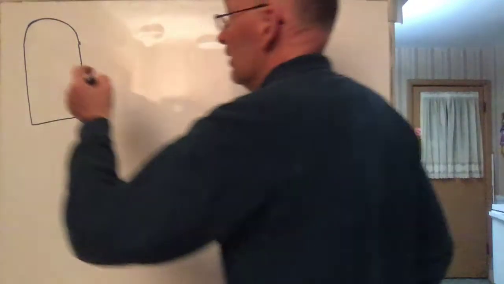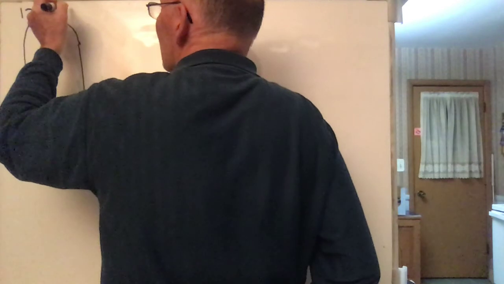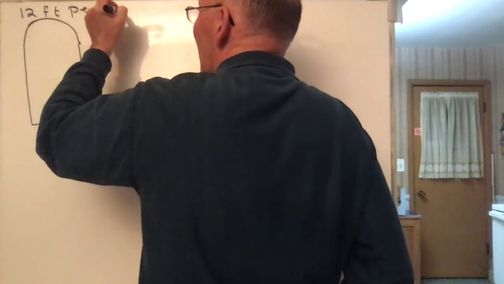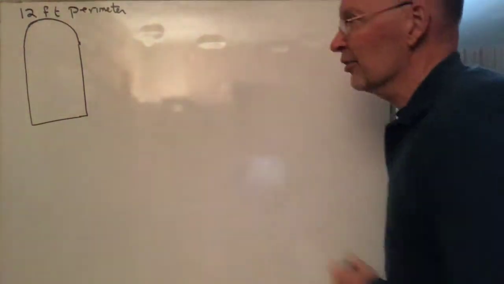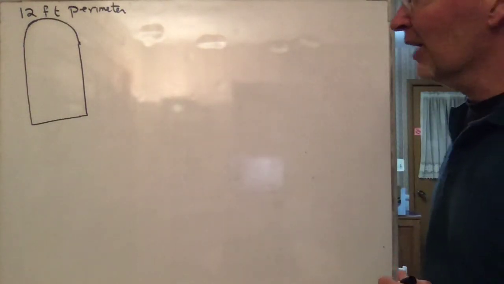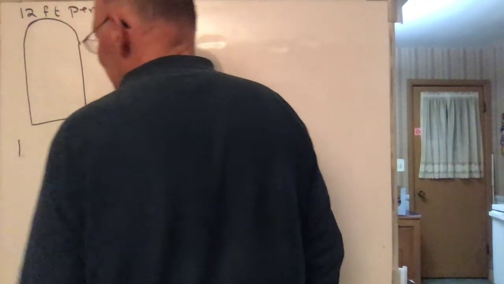So they're constrained by a 12-foot perimeter, but they want to have maximum area. Let's see if we can do it. Notice it's fairly similar to the past problem. We're trying to maximize the area. So we'll go through the steps.